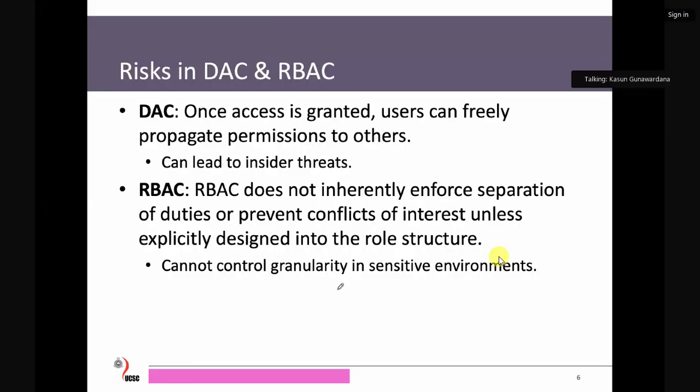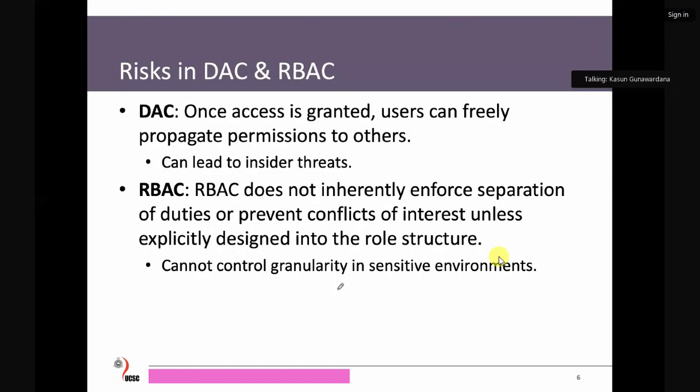If the environment has not been defined with such separation of duties or prevention of conflict of interest, and such requirements are not specifically built into roles, then we will have a problem.